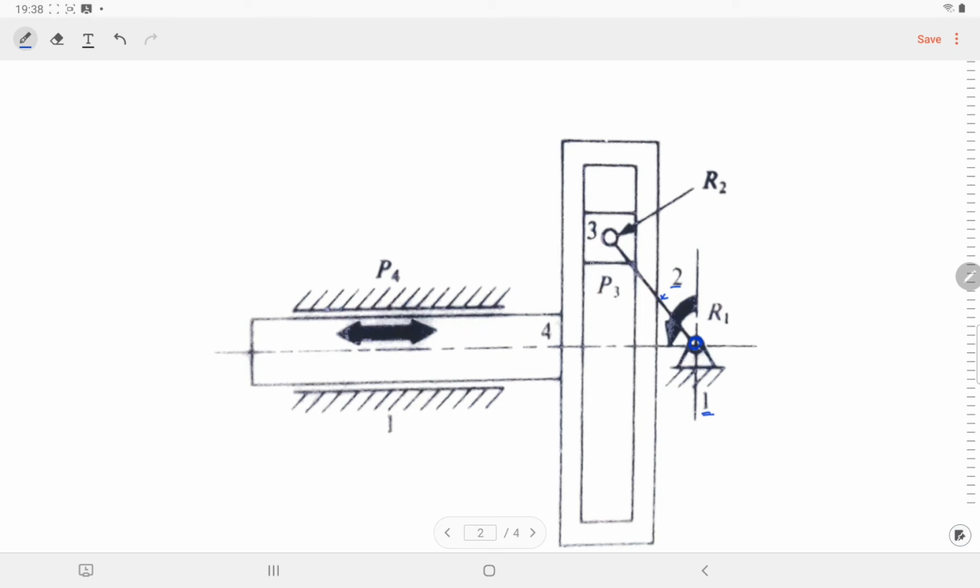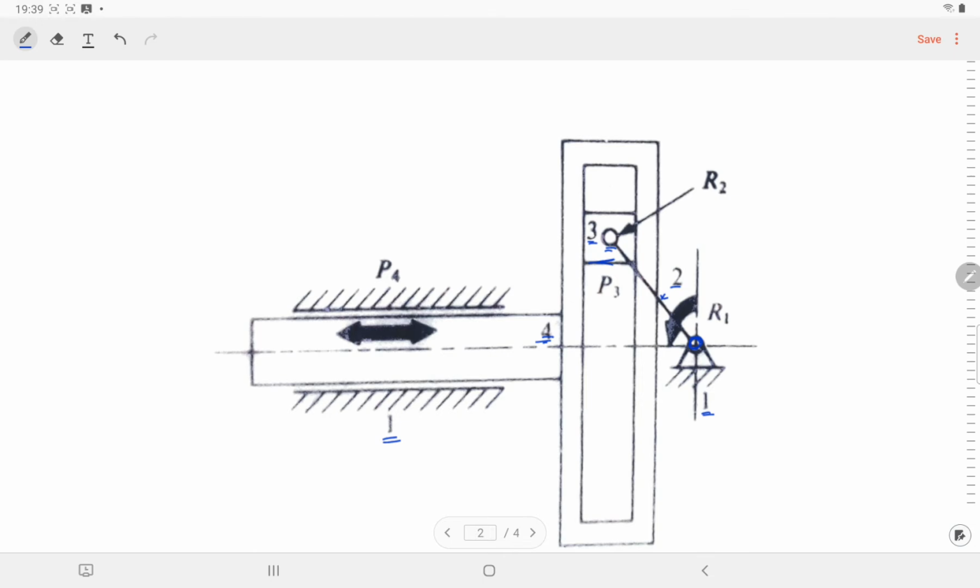Link 2 and link 3 are connected using a revolute pair, link 3 and link 4 are connected using a prismatic pair, and link 4 and this one, which is again link 1, are connected using a prismatic pair.